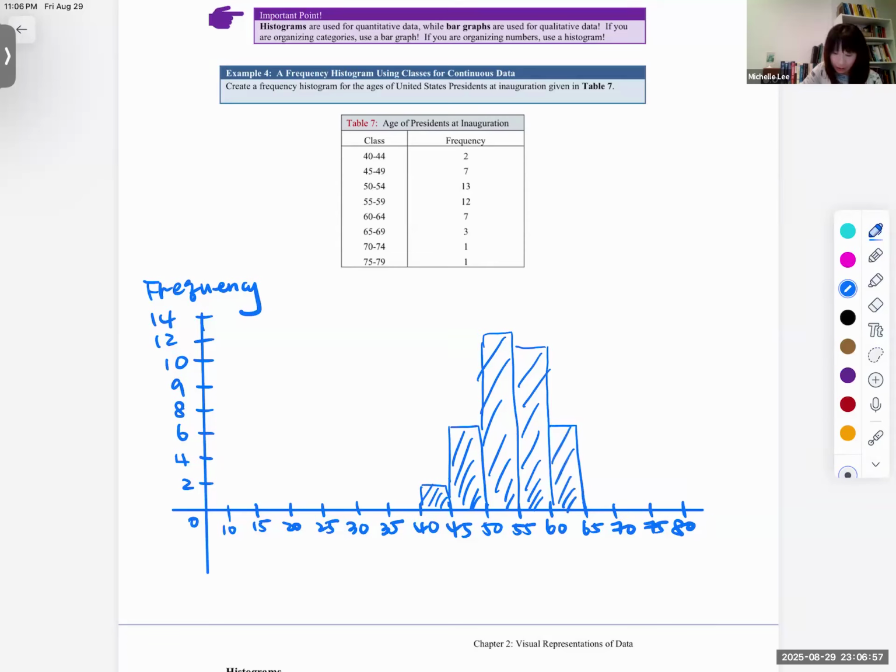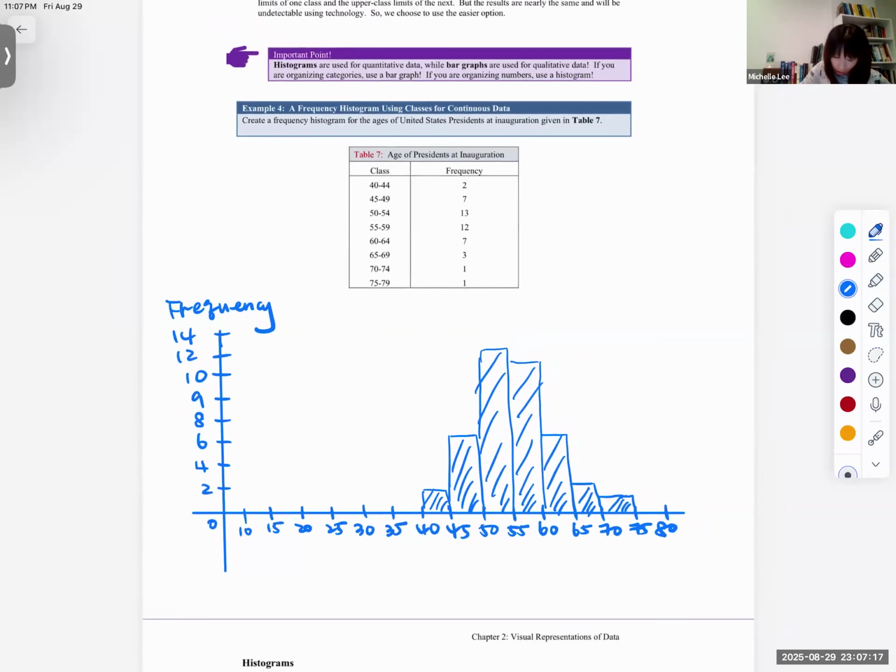And 65 to 69, 3. And 70 to 74, it's 1. And 75 to 79, it's 1. Oops, this is also 1, right? Okay, that is the histogram.